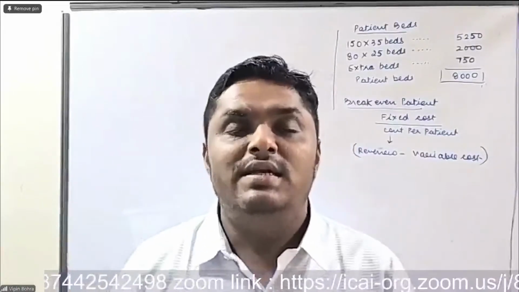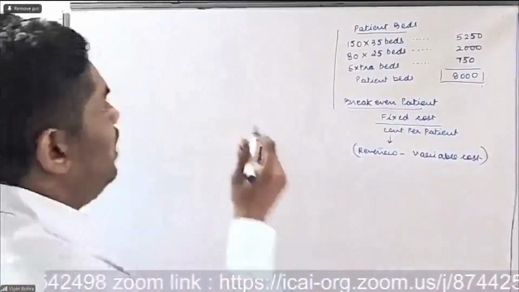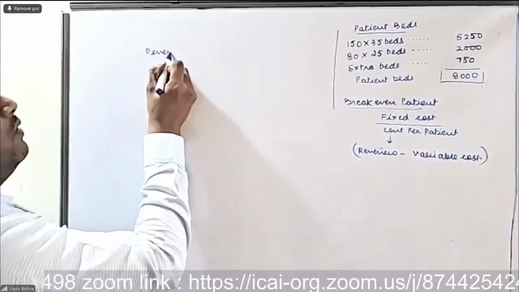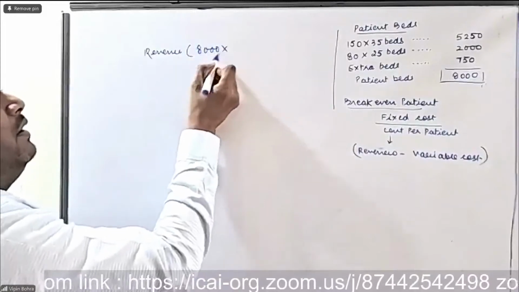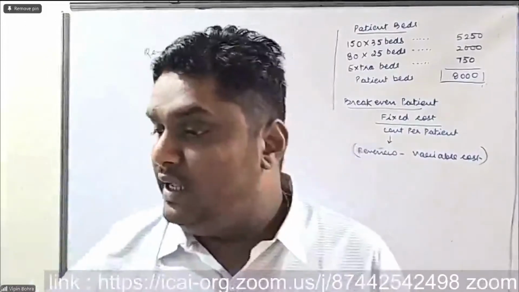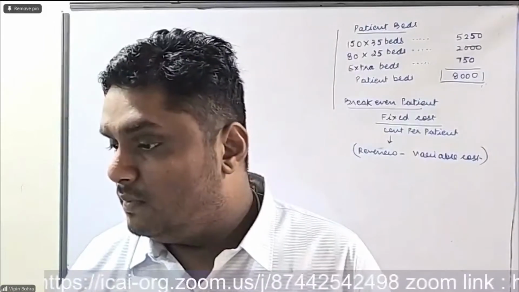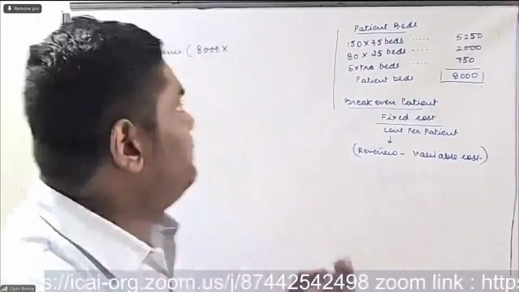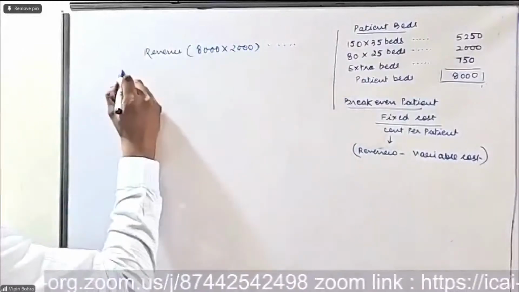So nothing, guys, simply what you have to do: the revenue, that is 8,000 into, it is given in the question that they are charging approximately 2,000 per day. So this is how we will get the revenue.